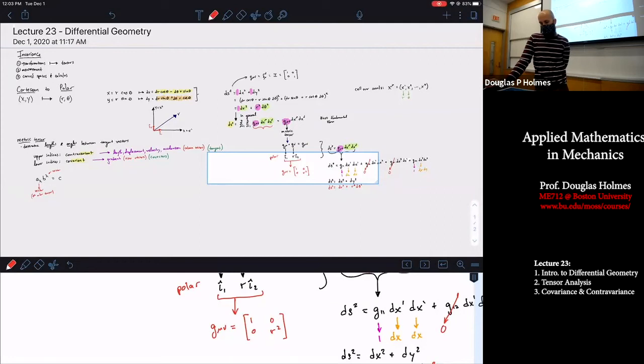If the two anti-diagonal elements weren't zero, would they be I hat 1 dotted with I hat 2, or would they be their own I hat?